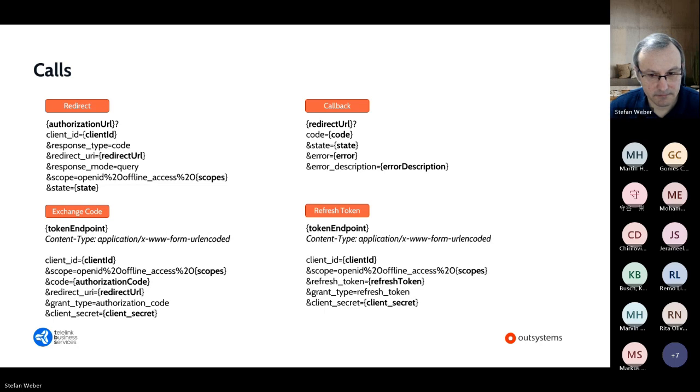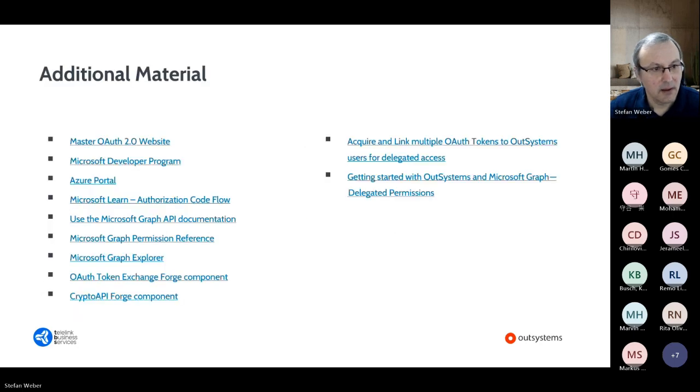And everything I was talking about, you will find additional links in that additional material slide, and also two articles I wrote for acquiring and linking multiple OAuth tokens. That is actually a much more, let's call it, mature sample for how to deal with token caching, token refresh, and so forth.